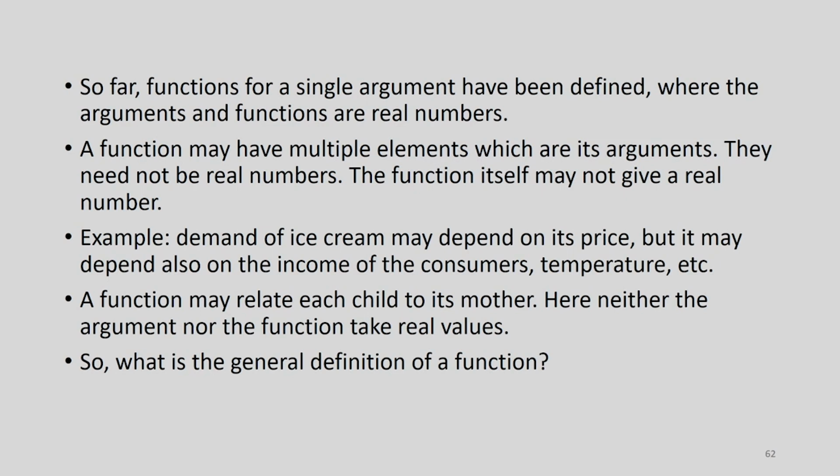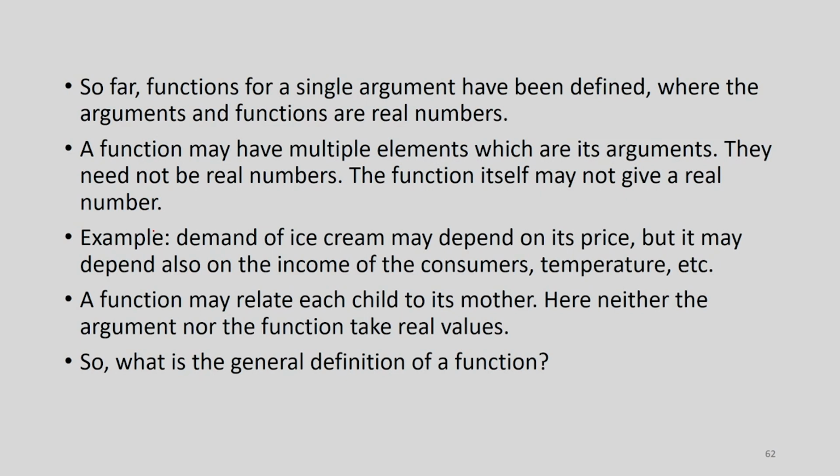Firstly, the functions may not be real numbers, they may be something else, some object maybe, some person maybe, and secondly, the arguments may be multiple. It is not necessary that there is a single argument or single independent variable. So, there are some examples that I have given here.